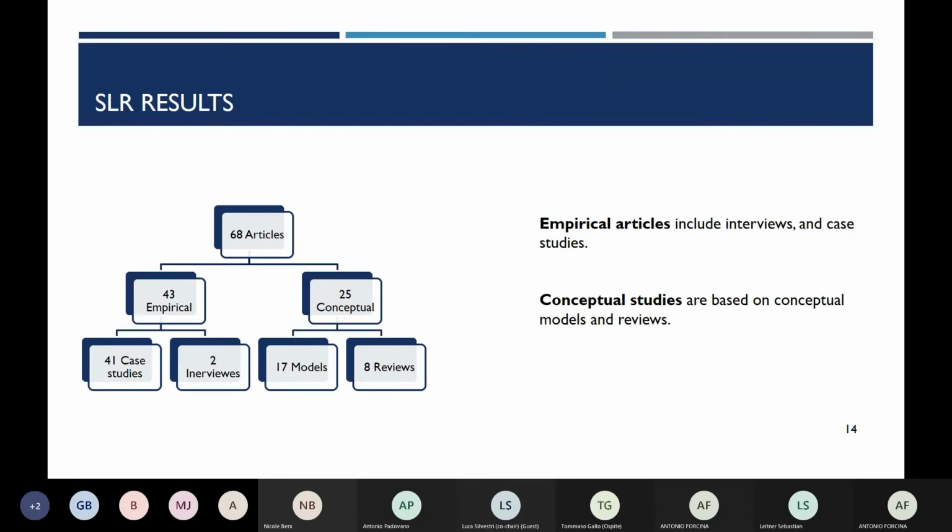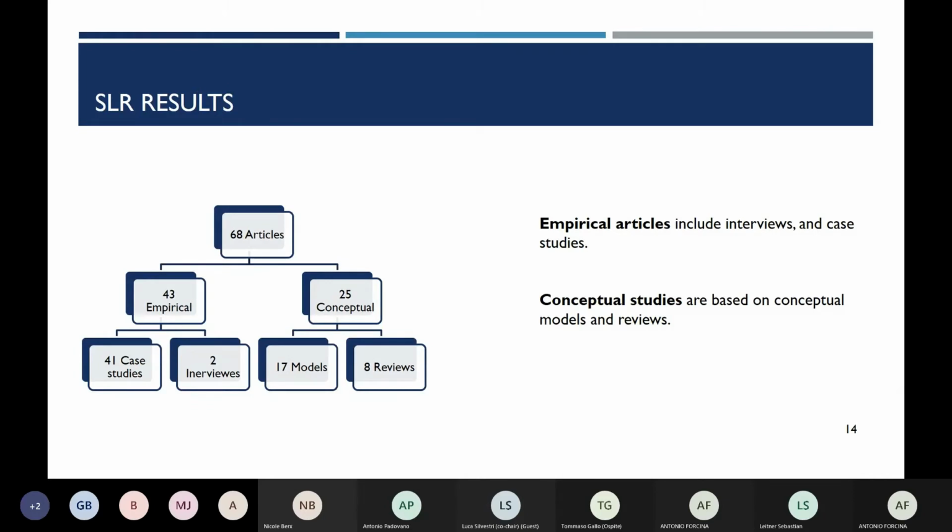Moreover, we analyzed in detail the documents, and it is possible to divide them into 2 clusters. The first one we defined empirical, contains case studies and interviews.